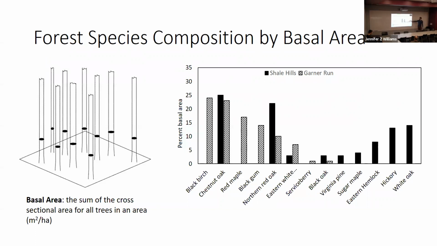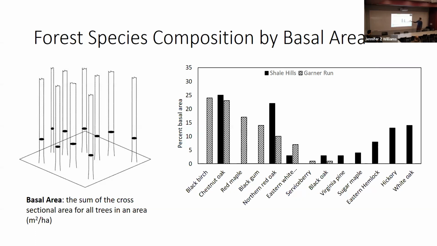This figure here is showing the percent basal area made up by different species in Shale Hills in black and Garner Run with the stripes to the right of it. So this is 13 different species making up the forest, and that represents 97% of the basal area in the entire forest.